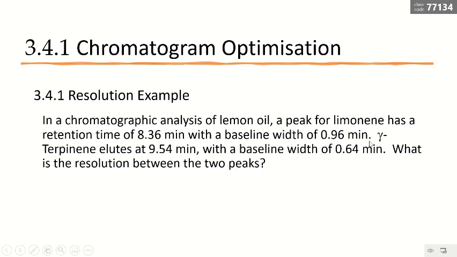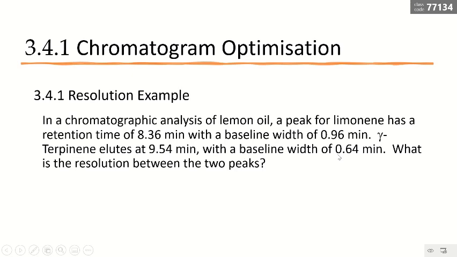Another compound is called gamma-terpinene. It also comes out, at a retention time of 9.54 minutes. We see it's actually not that bad. The difference is that one comes out 1 minute later, or roughly 1.2 minutes later. Is it considered a good separation or not?